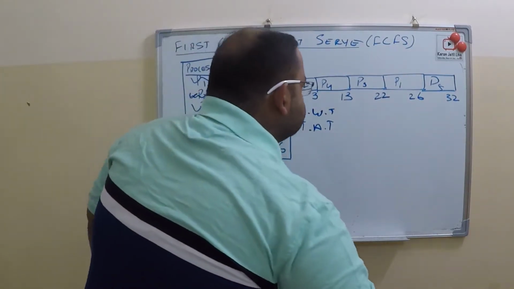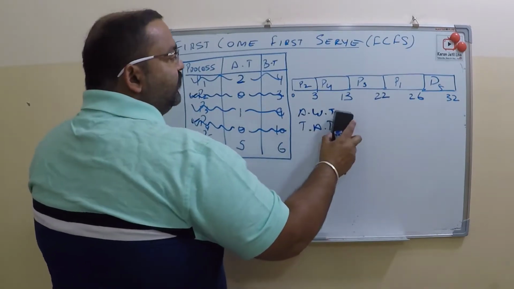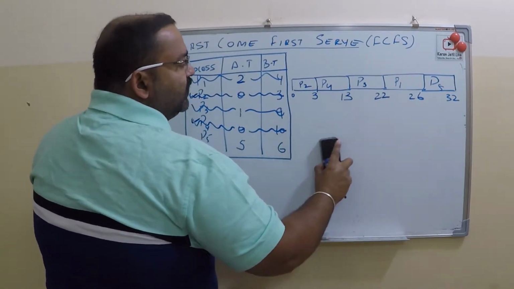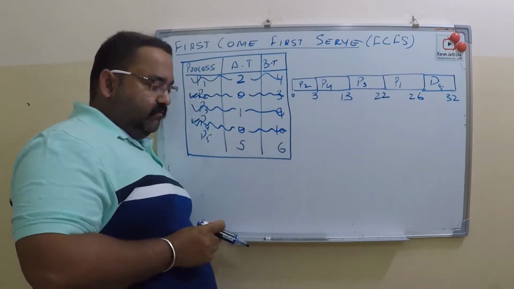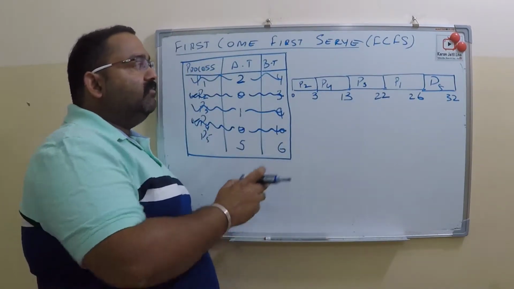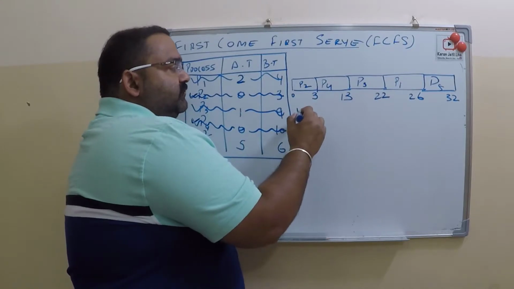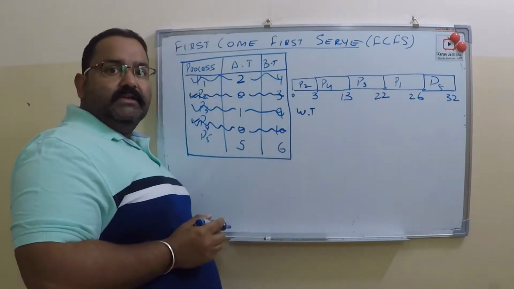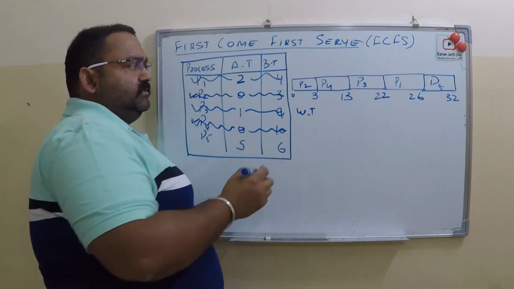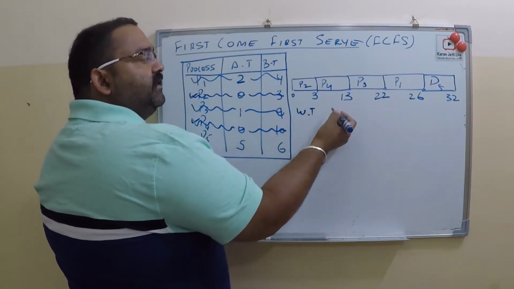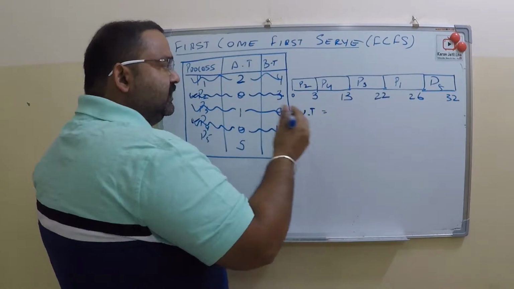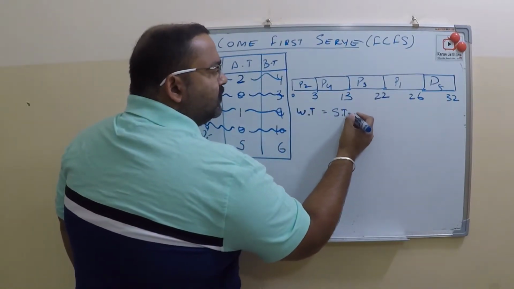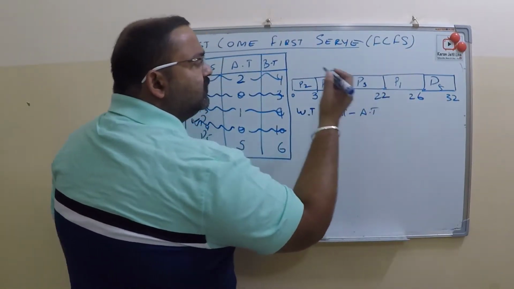To calculate the average waiting time, we need to calculate the waiting time of each process. So what is waiting time, how do you calculate it? Waiting time is starting time minus arrival time.